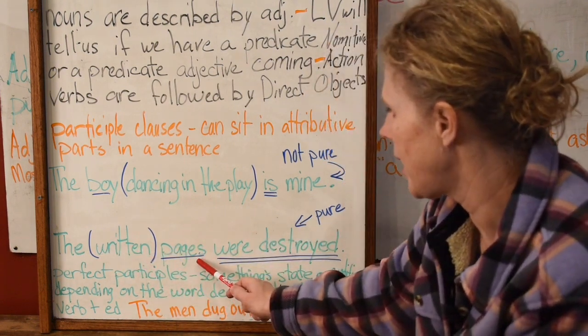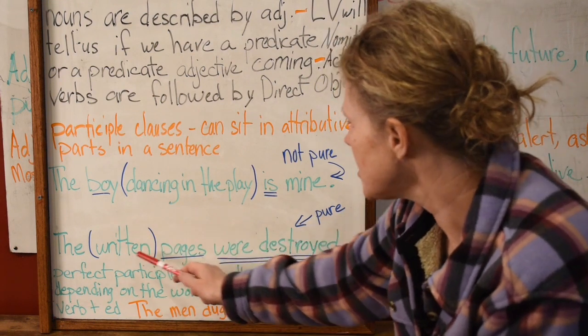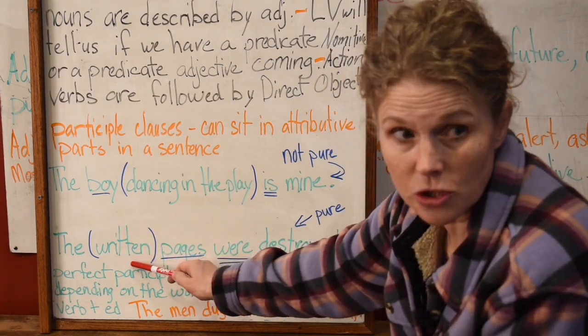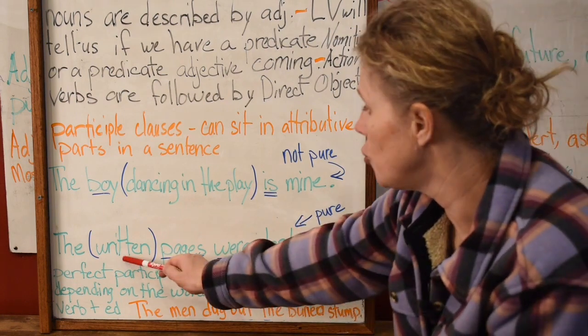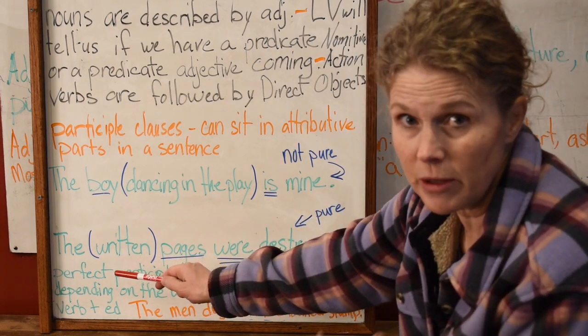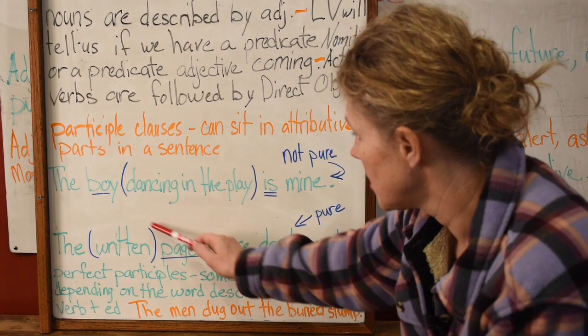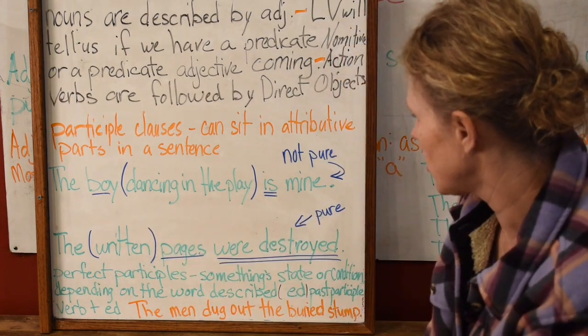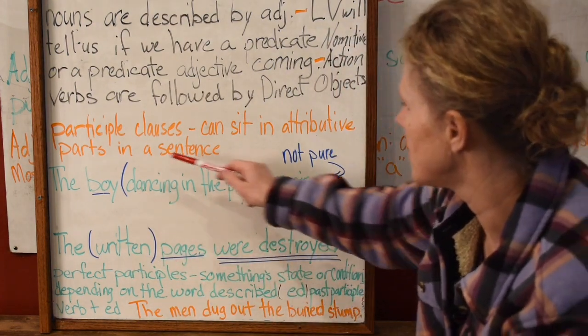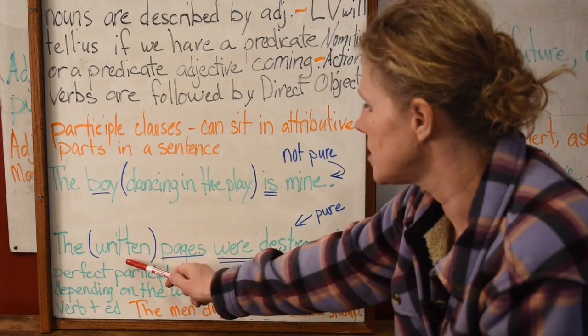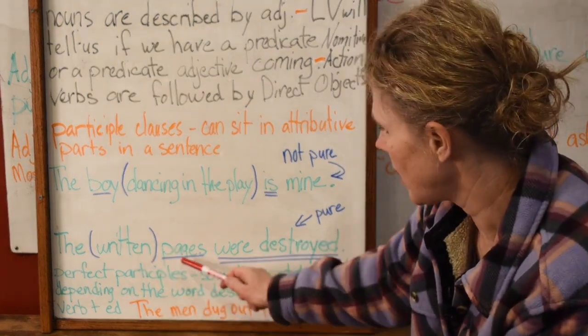It's the written pages. So this right here would be in the attributive position also, but it's not the pure attributive position, because this is where you see most adjectives fit, right before the noun.